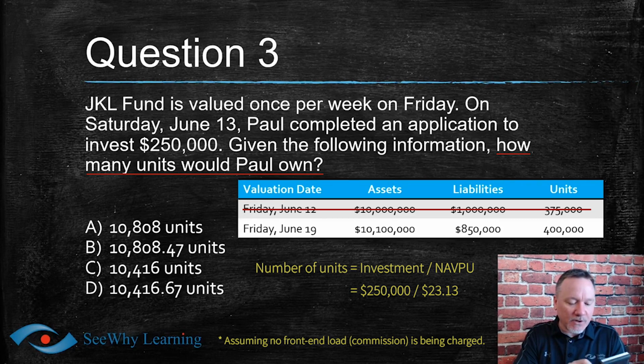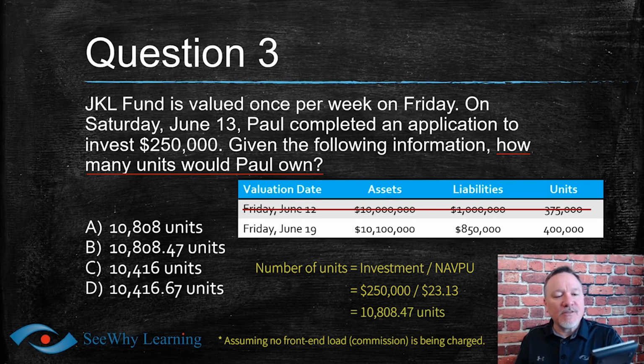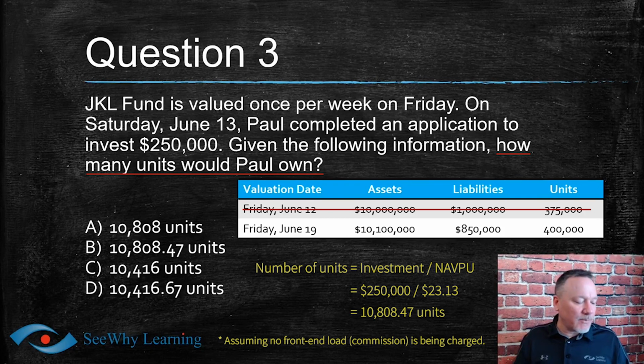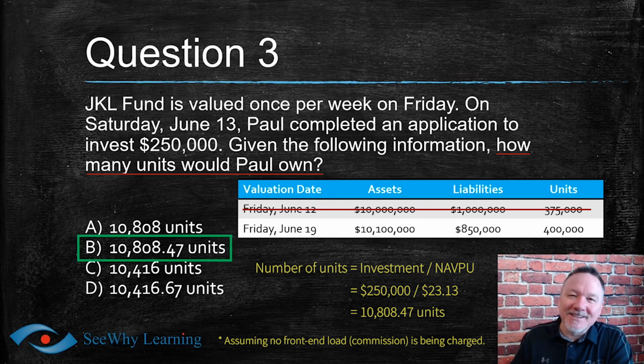That works out to be 10,808.4738 units. Okay, 10,808.47 units that Paul can purchase. Let me just see if I'm right here. Yes, it is. Good thing it's right.